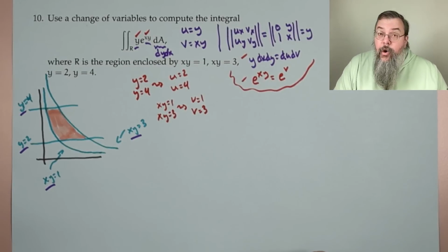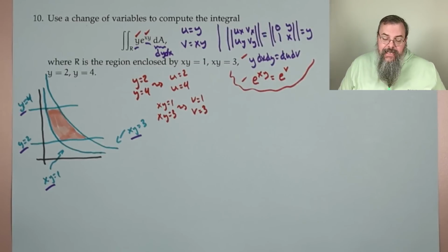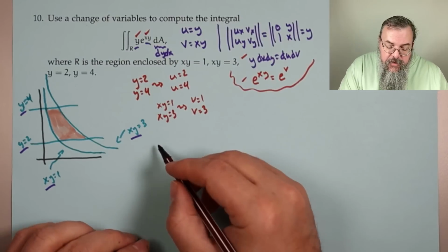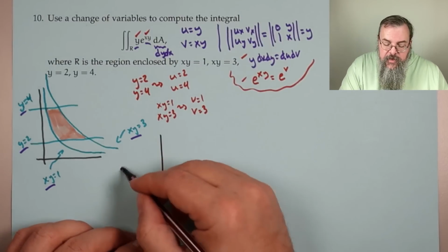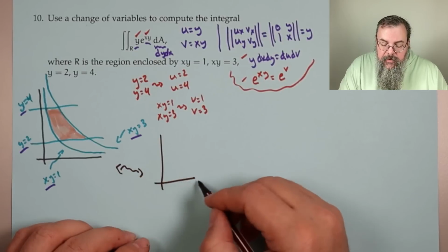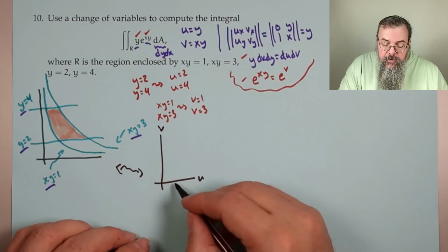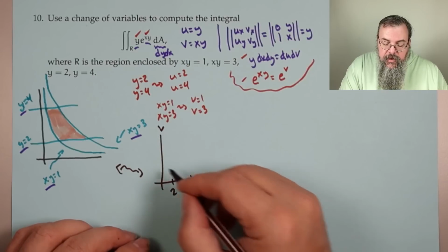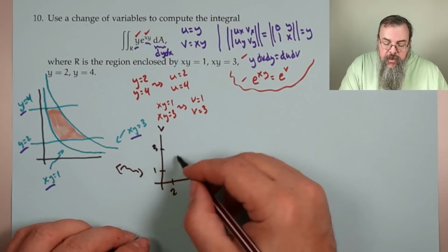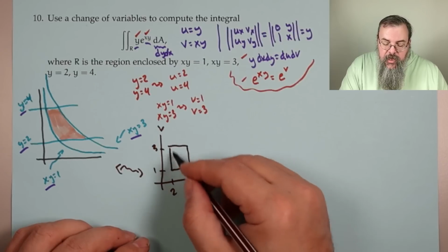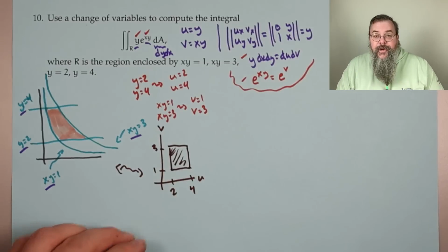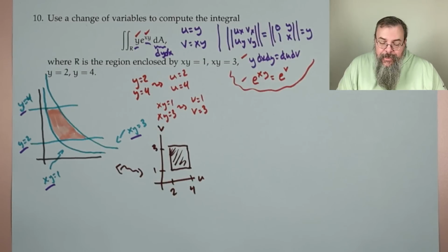And now we're like, oh, that's very slick. It's very clean. So in terms of the uv plane, when we do our change of variables, what do we have? u goes 2 to 4, and v goes 1 to 3. In other words, a rectangle.